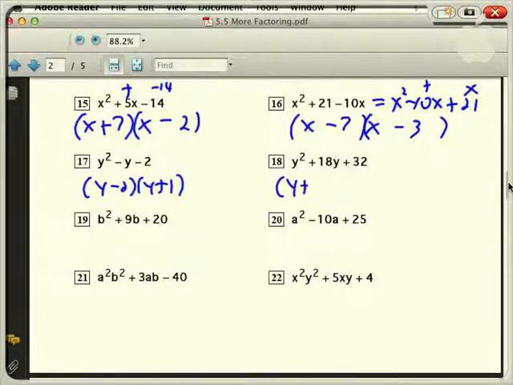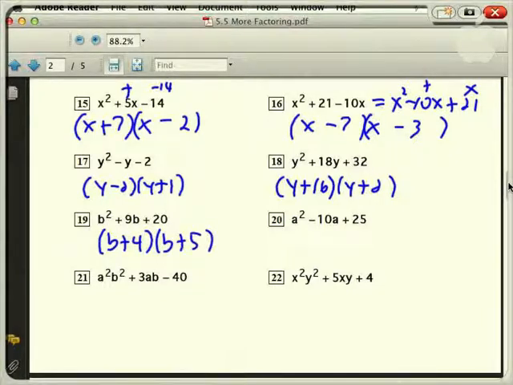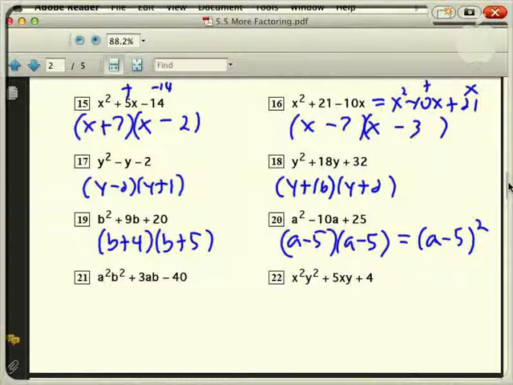In 18, we'd have y plus 16 times y plus 2. In 19, b plus 4 times b plus 5. In number 20, we'd have a minus 5 times a minus 5. Notice that is a trinomial square. So what we learned about trinomial squares would work for this one.